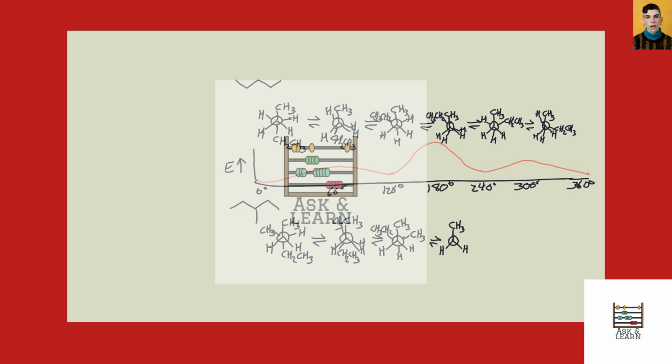And rotate 60 degrees. We will get eclipsed, where the front methyl is eclipsing the back ethyl.